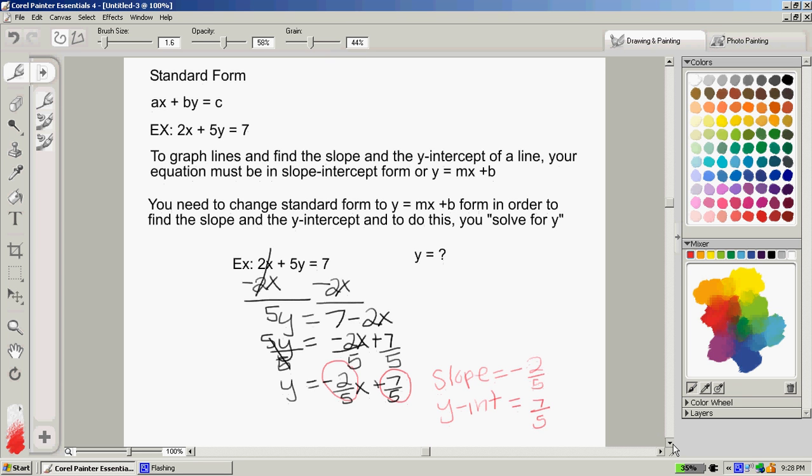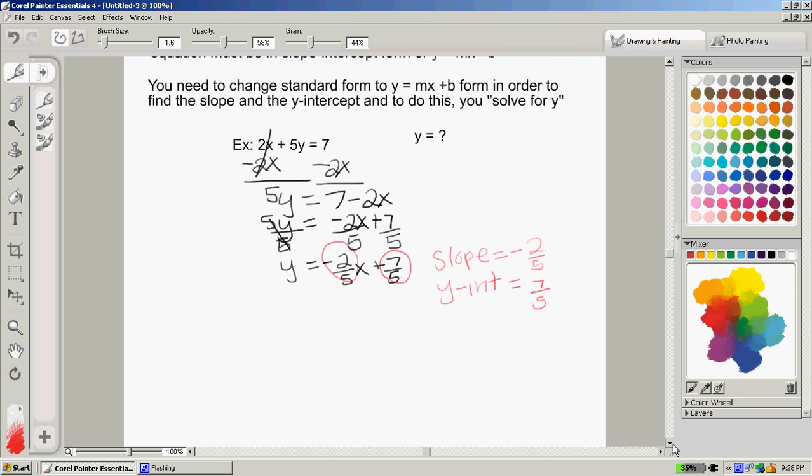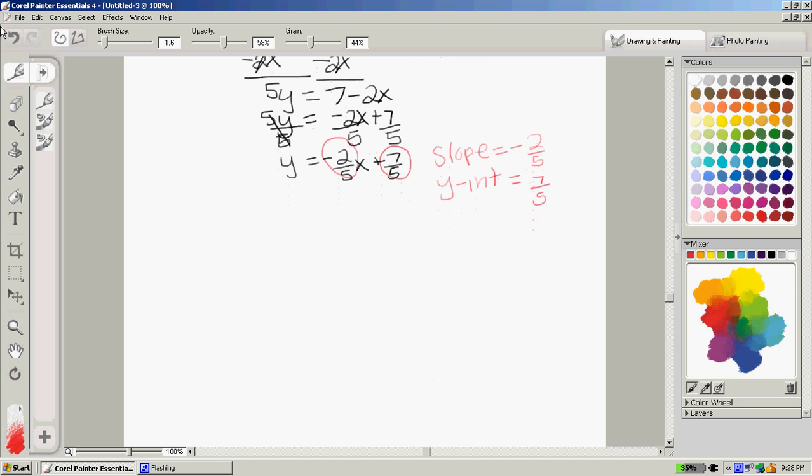I'm going to do one more example. Say you have the equation that's in standard form, 4x minus 3y equals 9.